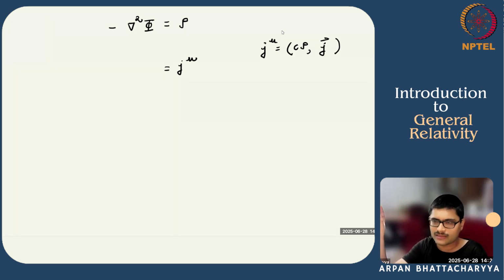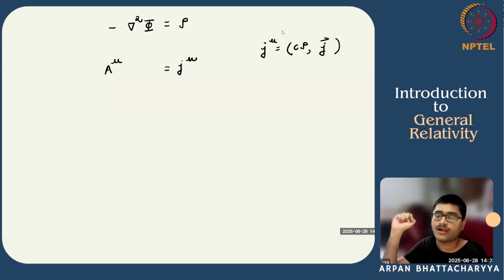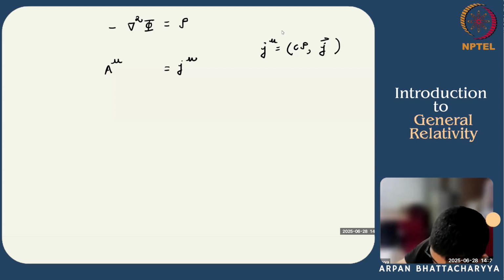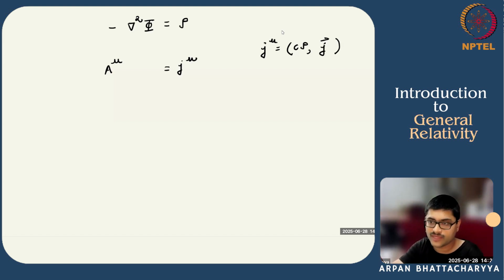Now we expect that the field will have the same Lorentz structure as that of the source. So we denote the field by A, which has only one Lorentz index, just like the source. In fact, this A and J form a canonical conjugate pair. They have the same number of Lorentz indices, and you can form a scalar out of them by contracting the Lorentz index and write an interaction term in the action.